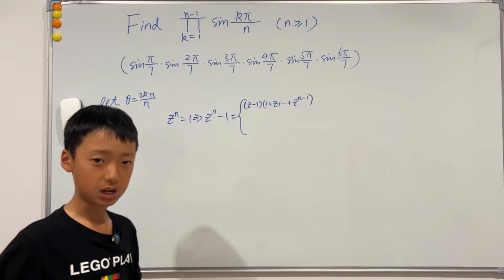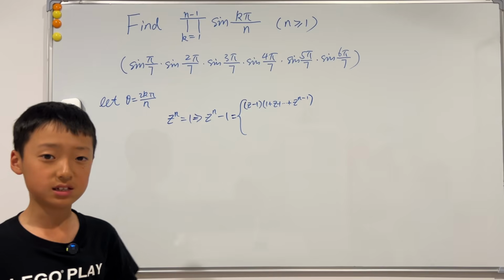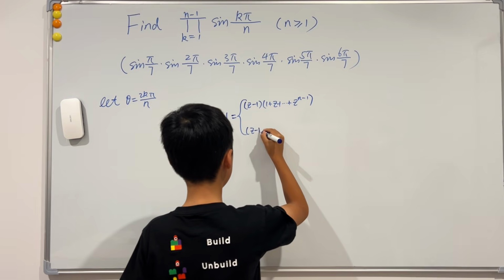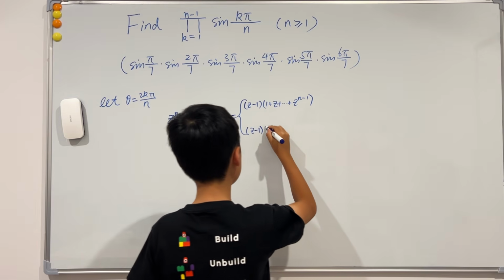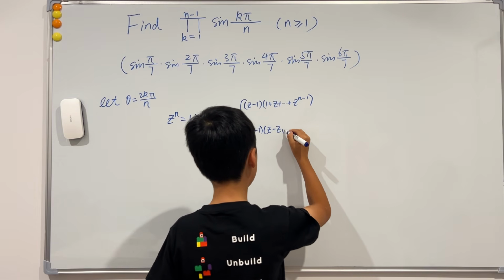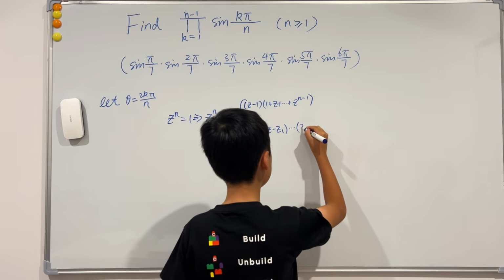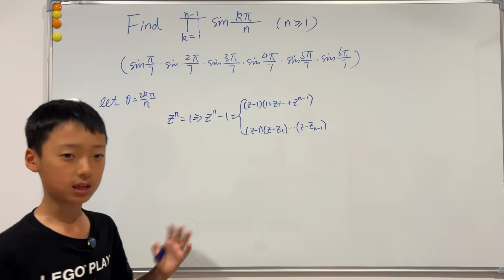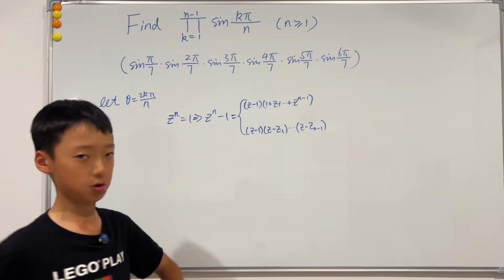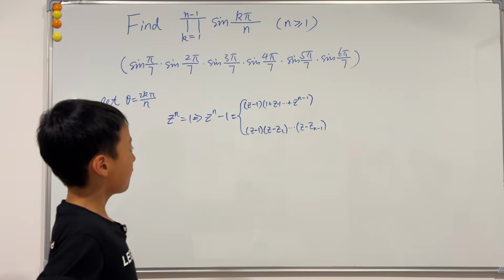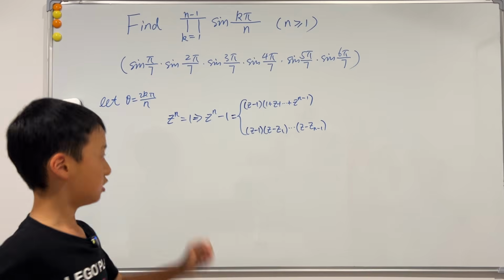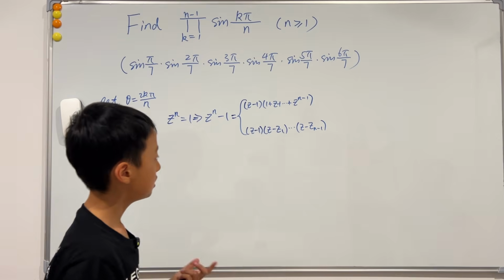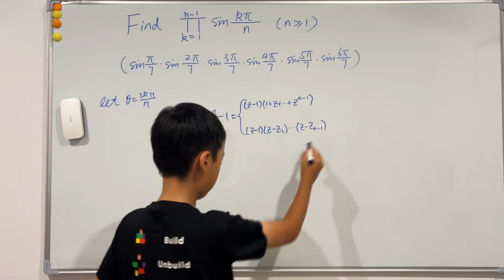And also, the second way is we factorize it using its roots. So the first one, z minus 1, or z0, times z minus z1, all the way until z minus z(n minus 1). And it's n minus 1 again, because this is actually z0. So of course, when z is not equal to 1, then we can just cancel this and this. So we see that this part is equal to that part.